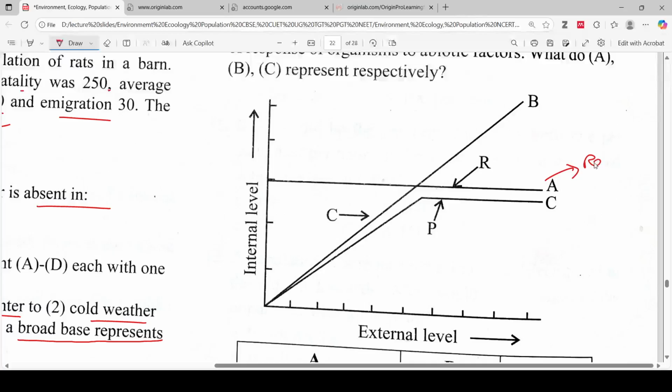Given below, a regulator, conformer, partial regulator.